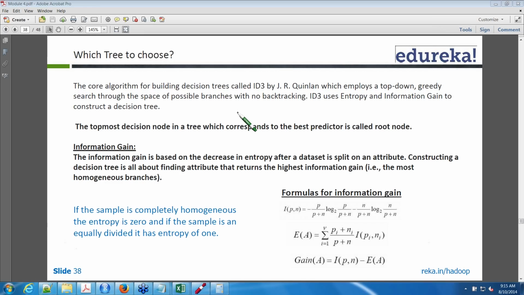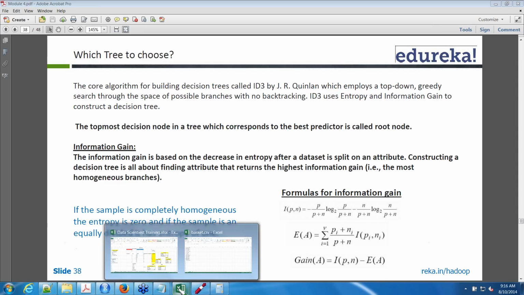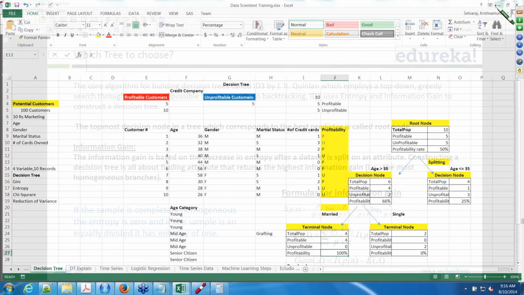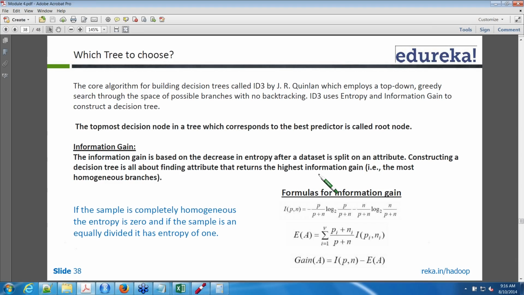Okay. So information gain is based upon the decrease in entropy. Entropy means the final stage it reaches is that 0 level. So when I say 0 level, it is this stage. This is a 0, which cannot be split further. After the data set is split on an attribute, constructing a decision tree is all about finding an attribute that returns the highest information gain.